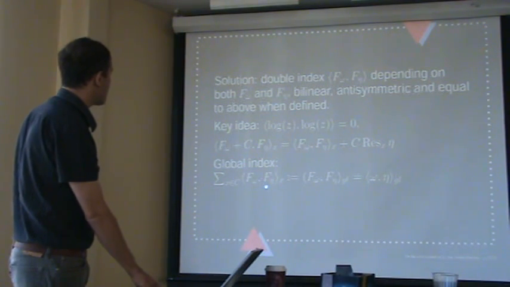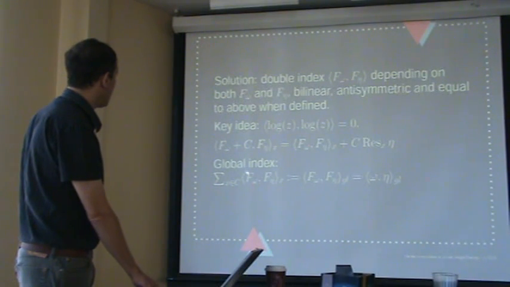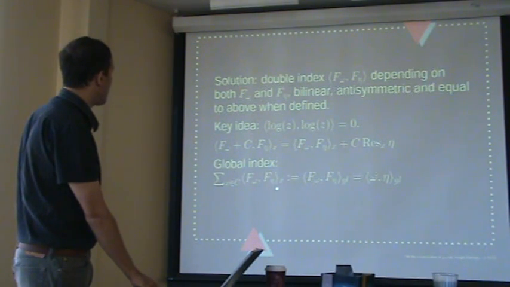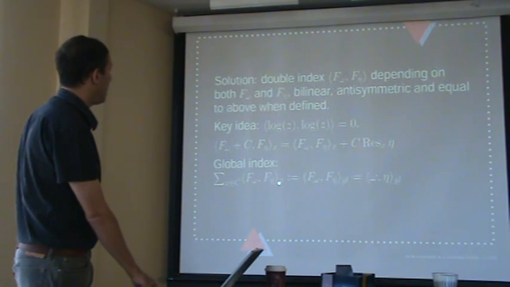I do the same procedure by choosing a local variable, I compute this local index at each point x, and then I sum over all points. That I call the global index of f omega and f eta.